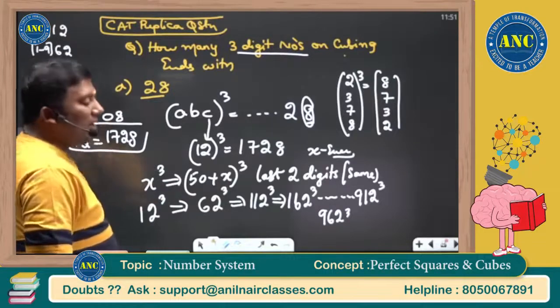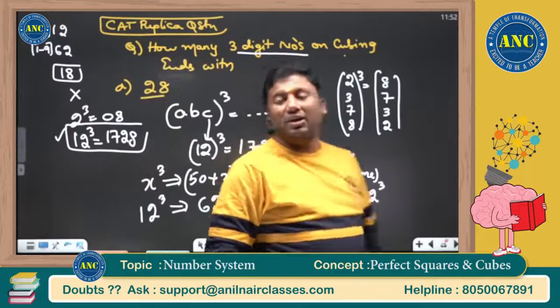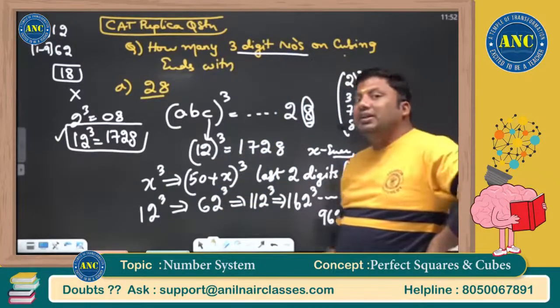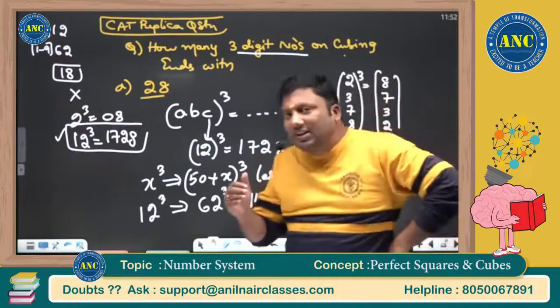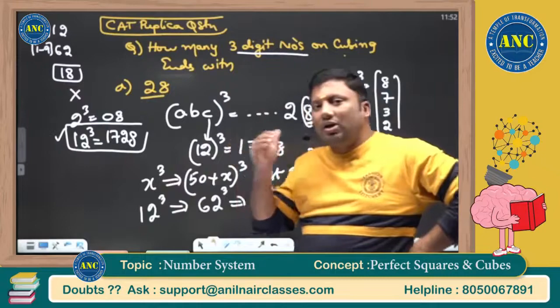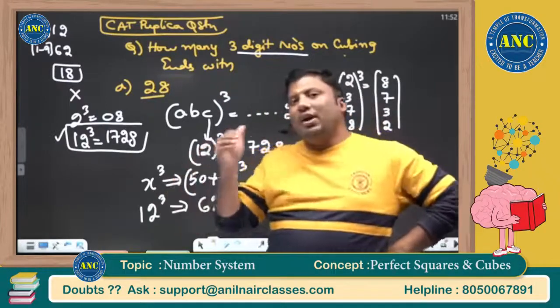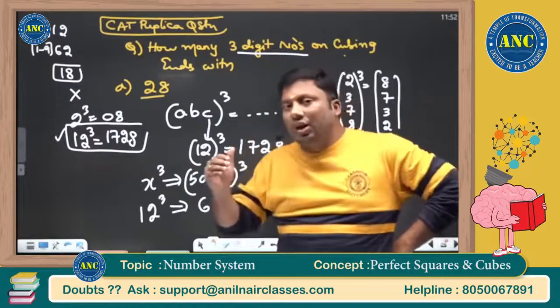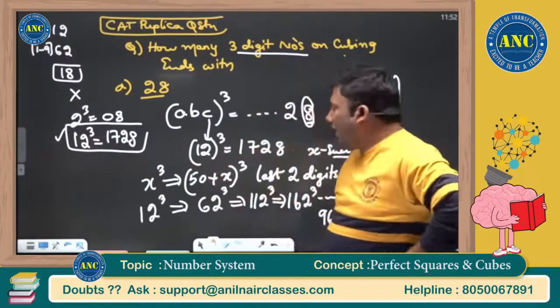The answer is 18 numbers. What are those 18 numbers? 112, 162, 212, 262, 312, 362, 412, 462, and so on up to 912, 962.